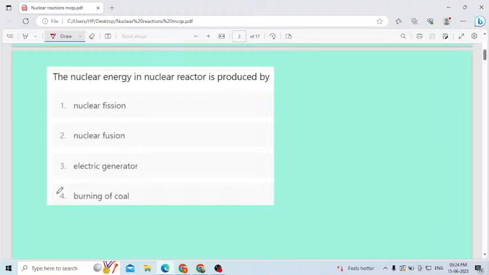Normally, the nuclear energy produced in a nuclear reactor is because of the phenomenon of nuclear fission. Nuclear fission is nothing but splitting up of heavier nuclei into smaller ones.